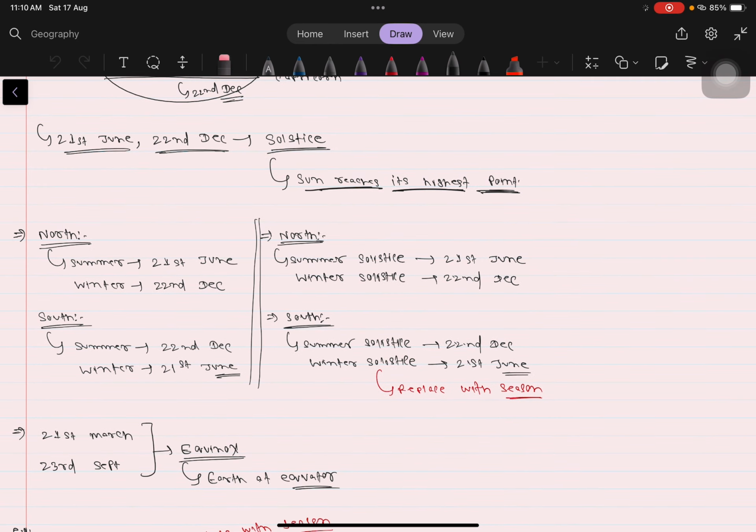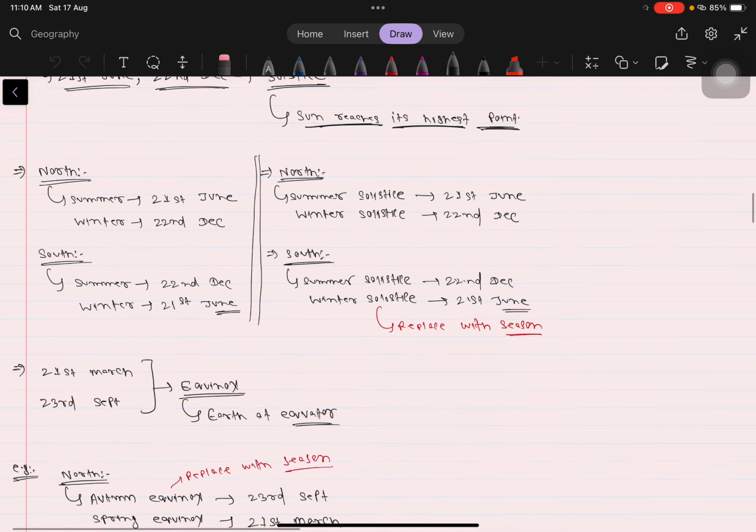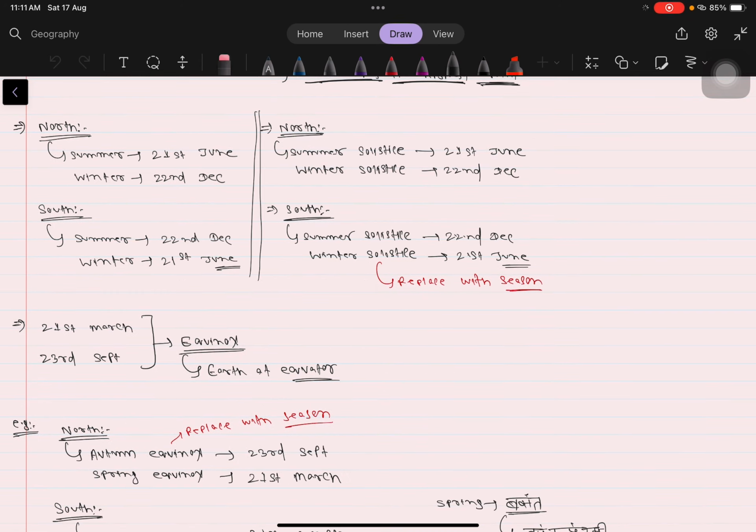Now talking about equinox: on 21st March and 23rd September, the sun will be at the equator, and this is called equinox. Autumn means moving from summer to winter.